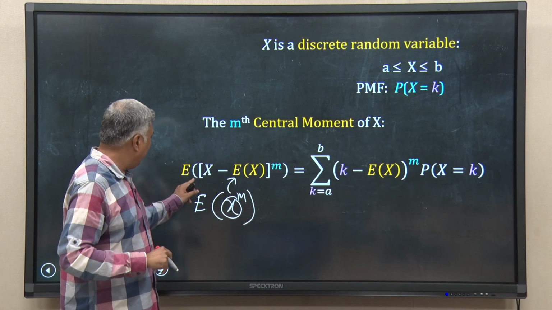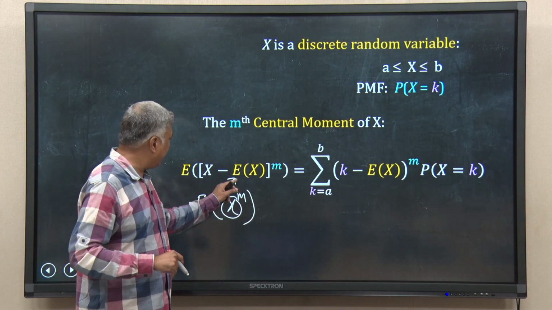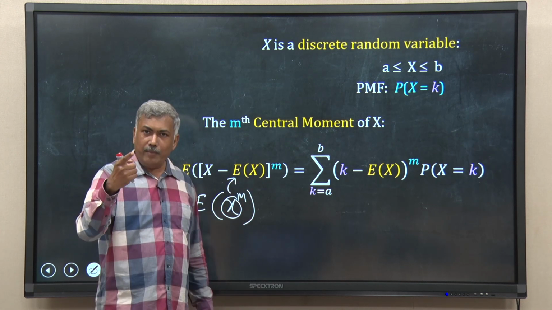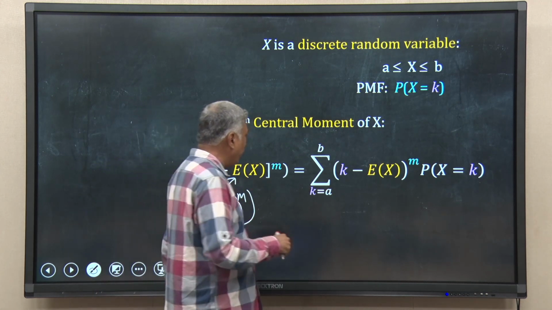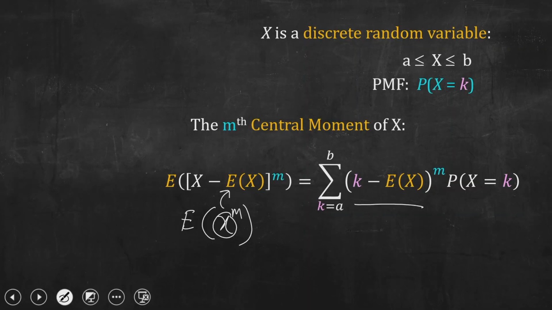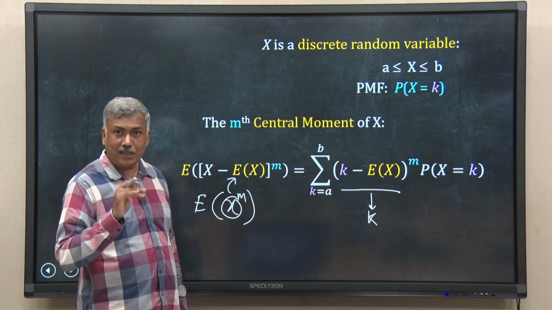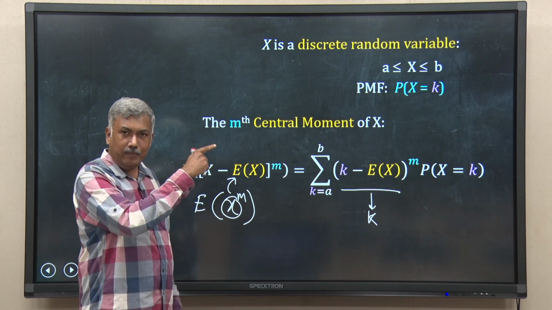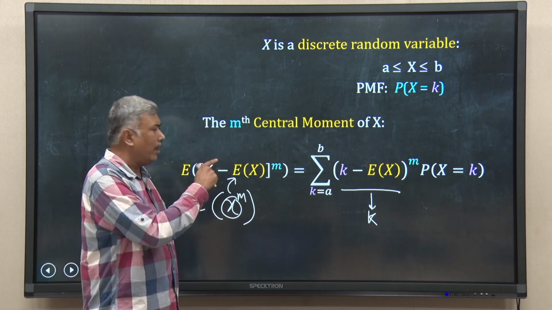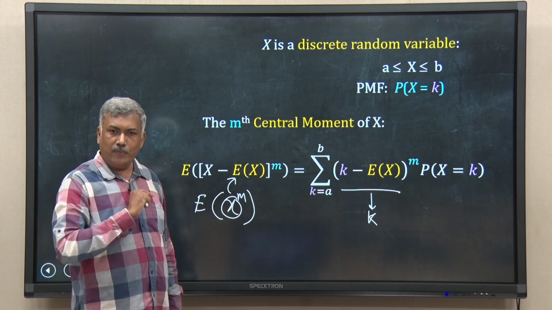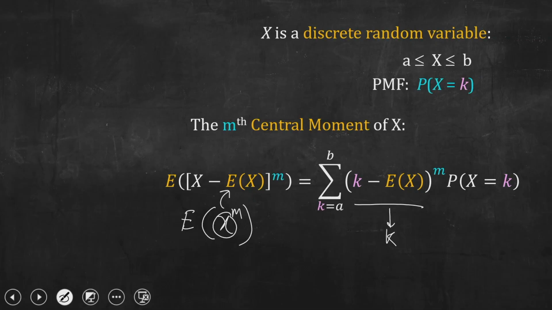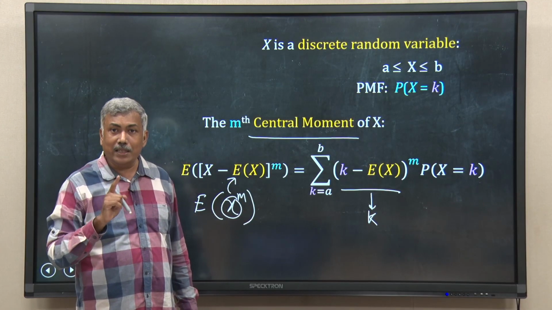So, I take the expectation of (x minus E[x]) to the power m, because it is the mth moment, and that will be equal to, in the earlier case I had k here, now I have k minus E[x], the mean, because it is centered data, to the power m, times the probability coming from the PMF. So, this is called the central moment, because you are working on centered data.